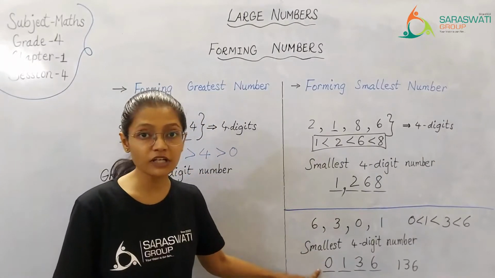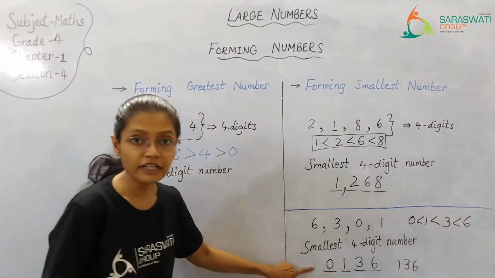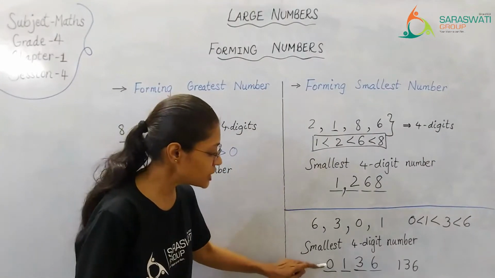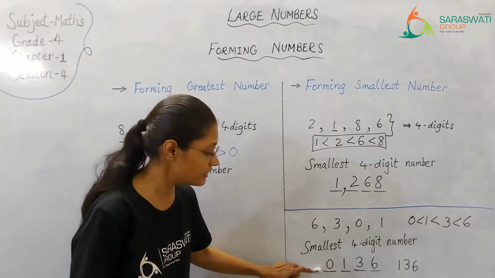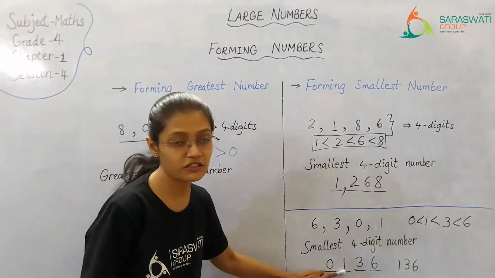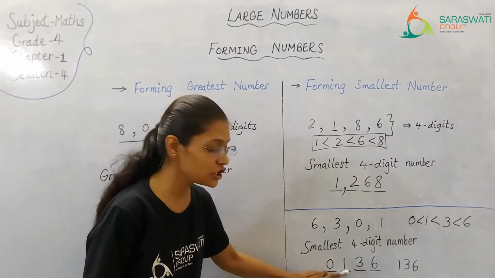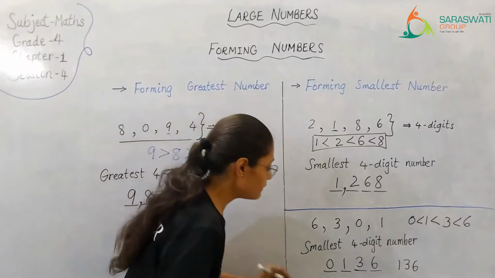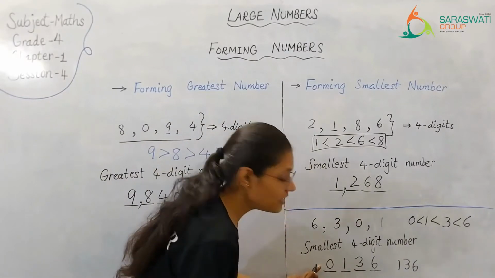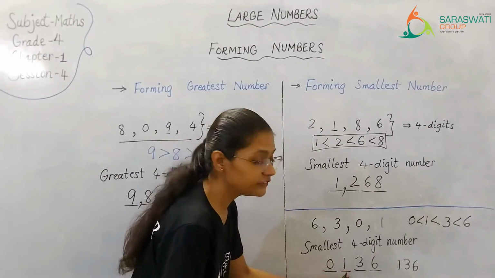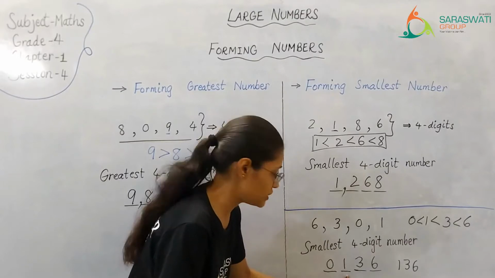So what will we do now? So here in this case we will exchange the place of 0 with the next smallest digit, that is over here digit 1. So we will exchange 0 with the digit which is immediately to its right, the next smallest digit.